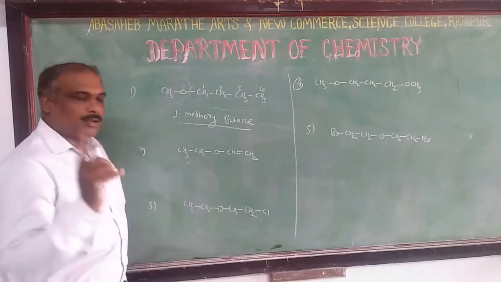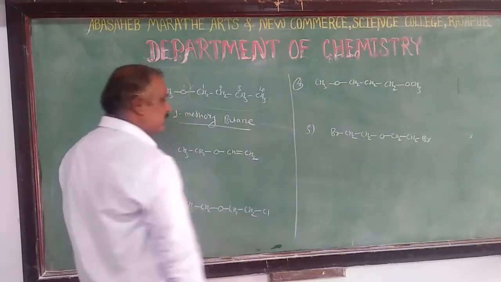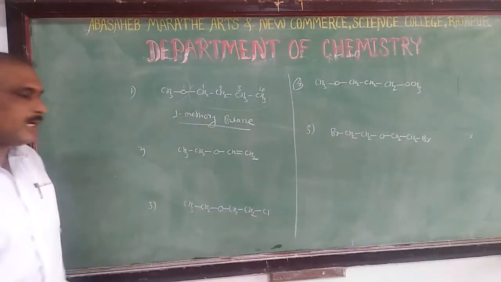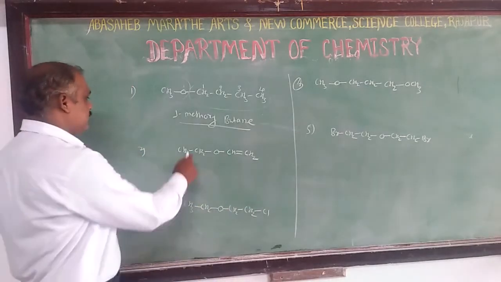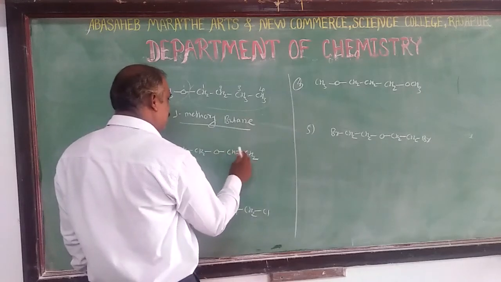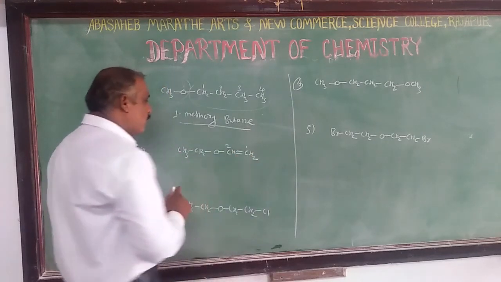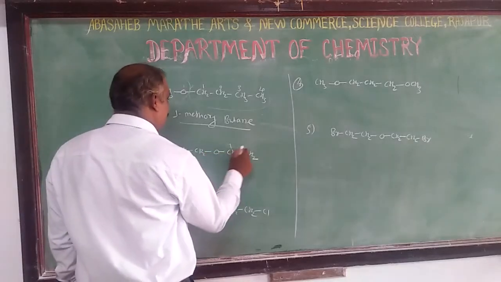Similarly, for other molecules we have chosen like this. You know that alkane is the parent alkane. Therefore, choose the numbering like this, 1 and 2.